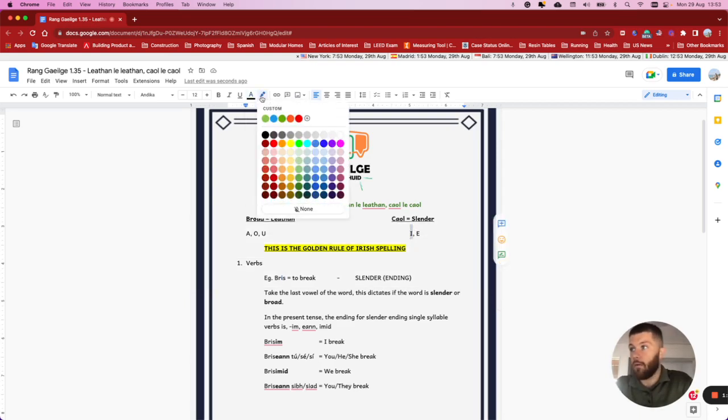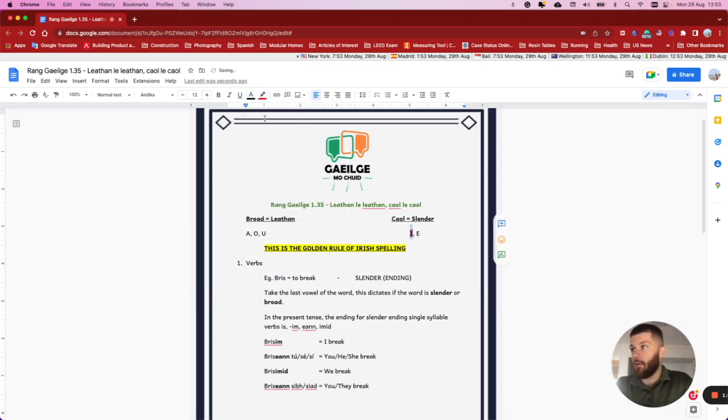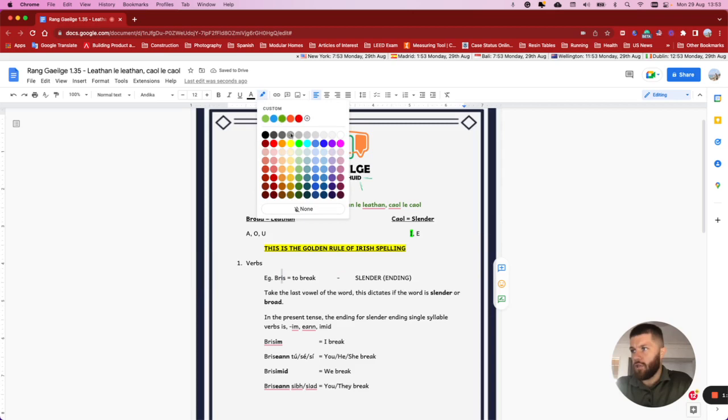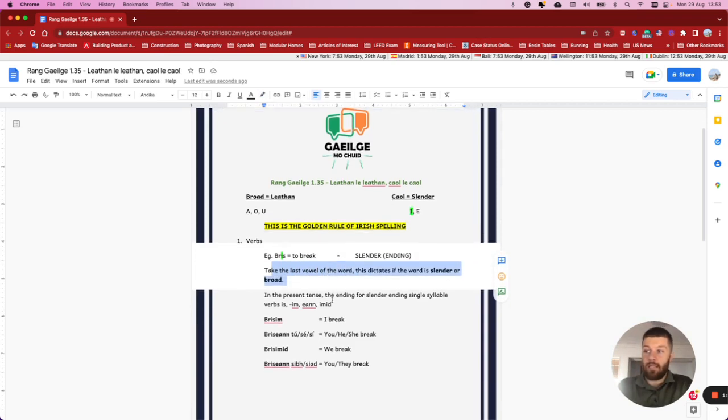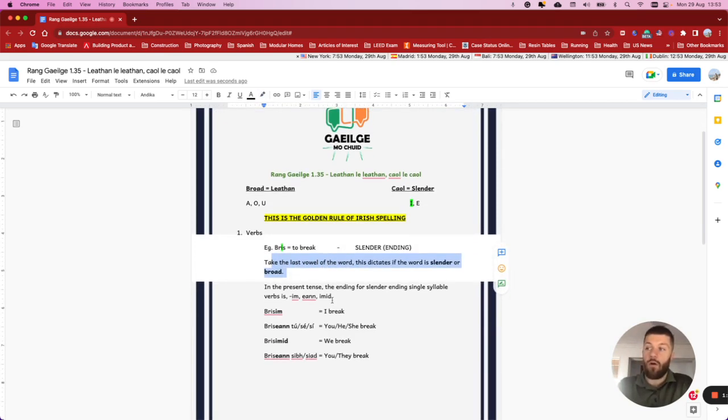I might highlight it here in green. Brisk is slender. So take the last vowel of the word, and this dictates if the word is slender or broad. I should actually write syllable here, because when you get into two syllables, it gets a bit more difficult, more challenging.